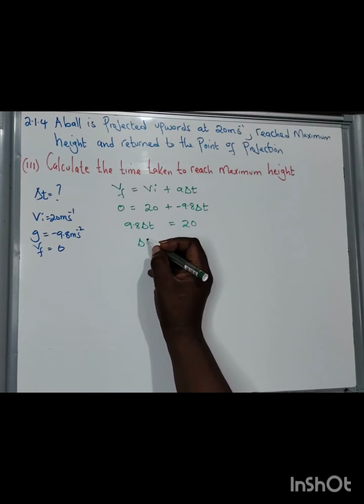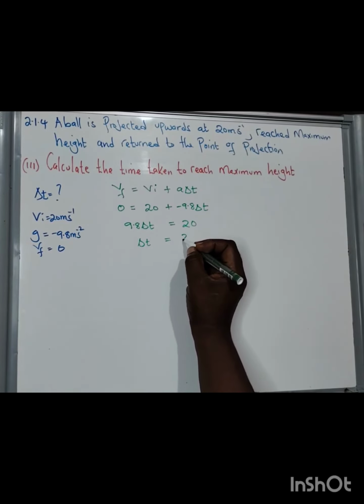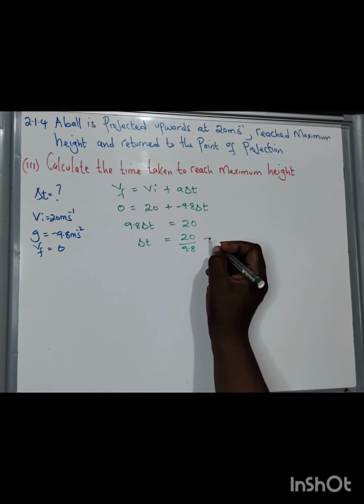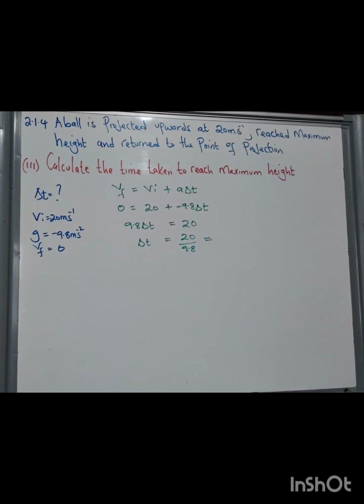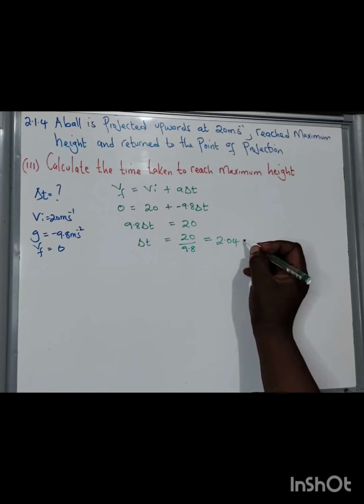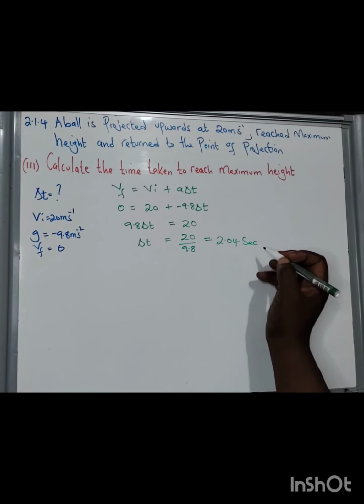So it gives you delta T, which is equal to 20 over 9.8. And what do we get here? We get 2.04 seconds.